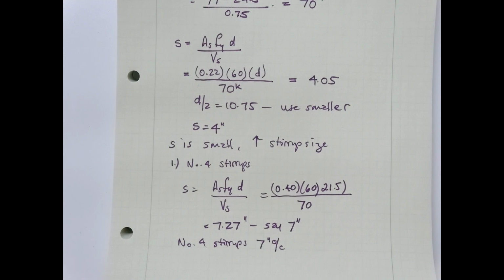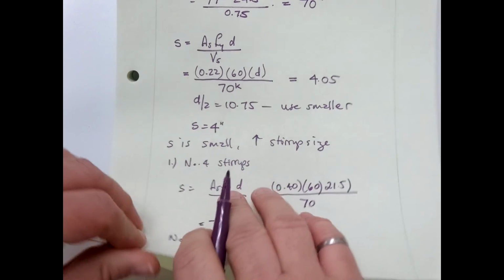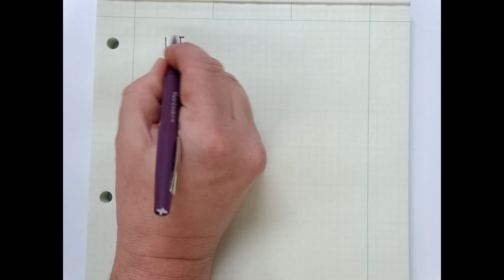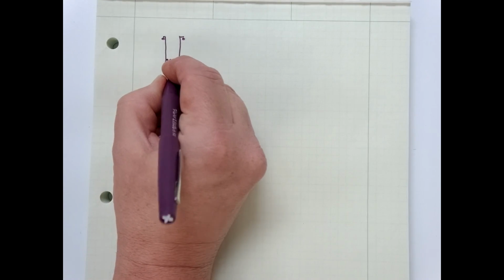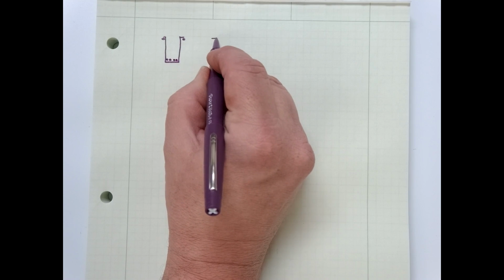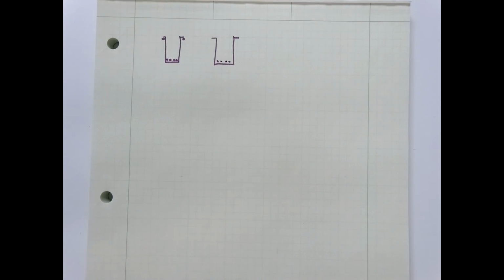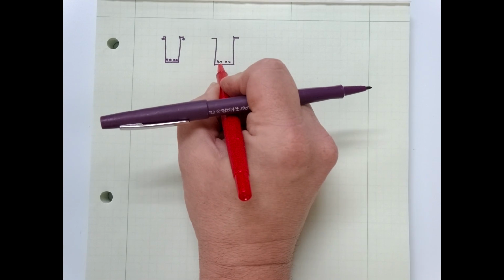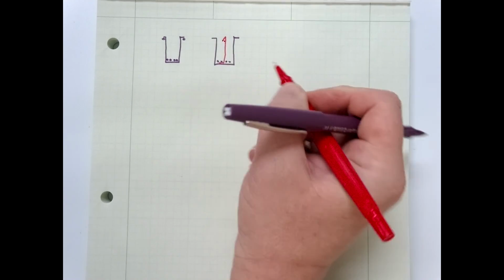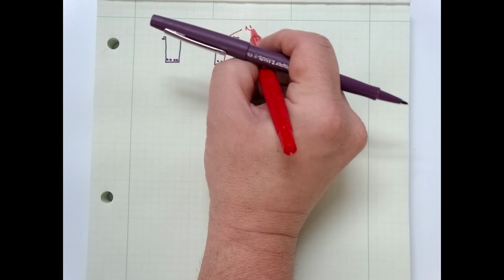So instead of a U-shaped stirrup, or instead of this U-shaped stirrup here, which encloses our bars, we could have our U-shaped stirrup, plus we would add in an extra leg. And this would be a number 3 as well.